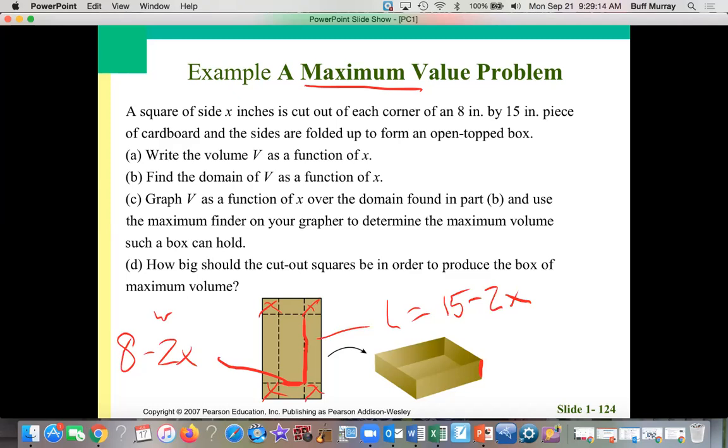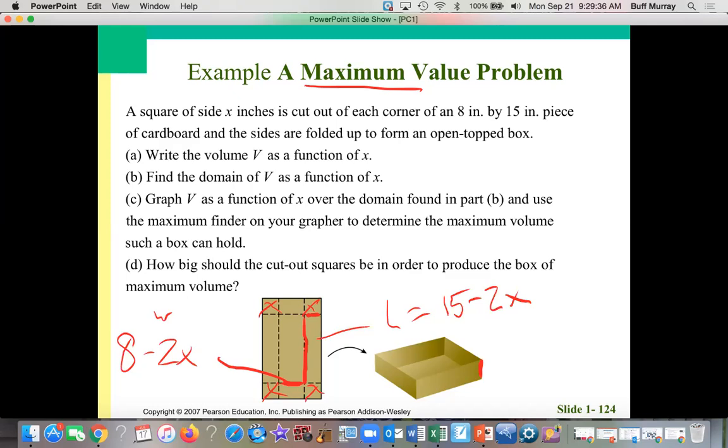What do you think? Well, if I cut off x and then I fold it up, what's the height? Yeah, it's just x, right? Because this dimension right here would be the same as this dimension right here, wouldn't it? Because we're going to fold that up.